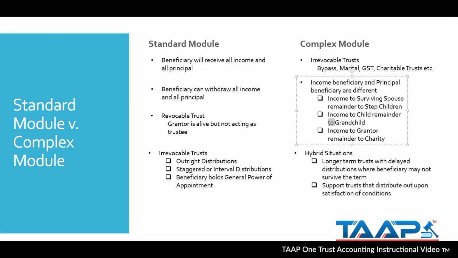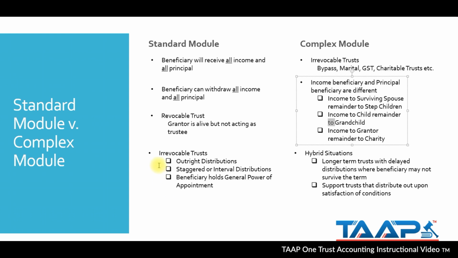Our guiding principle then for the standard module would be the primary beneficiary has access to all of the income and principal of their share, or in the case of a revocable trust, all remainder beneficiaries are contingent, or in the case of an irrevocable trust where the beneficiary holds the general power of appointment, likewise, the remainder beneficiaries are also contingent.